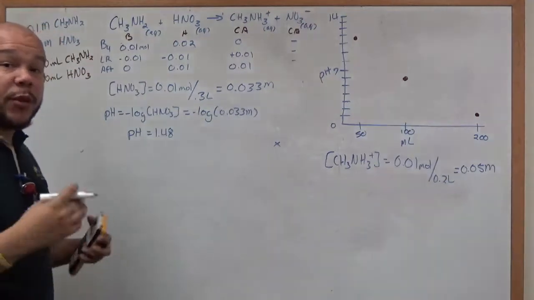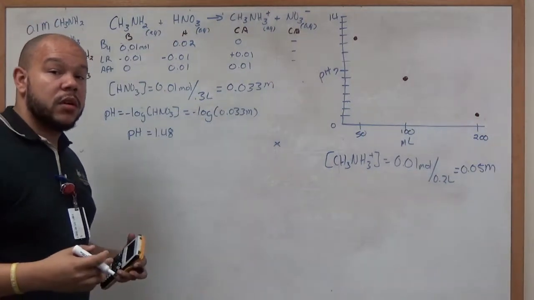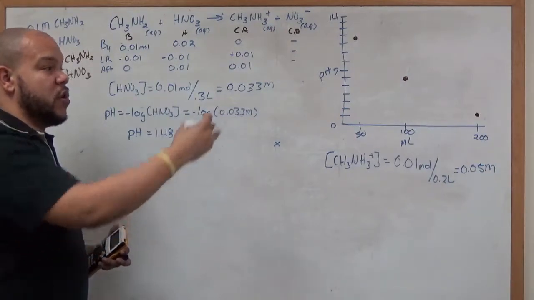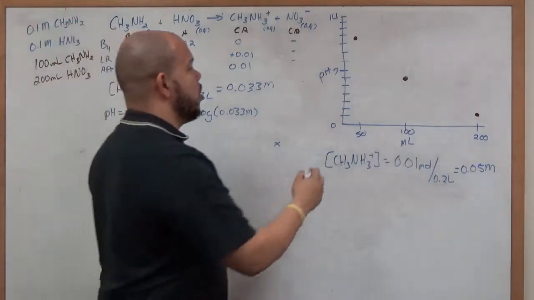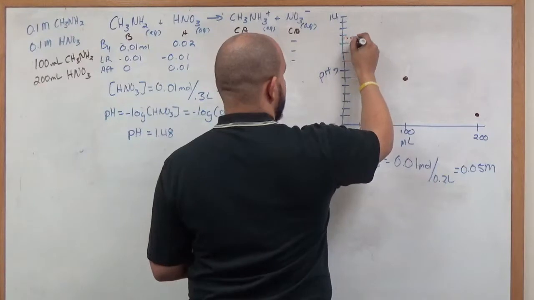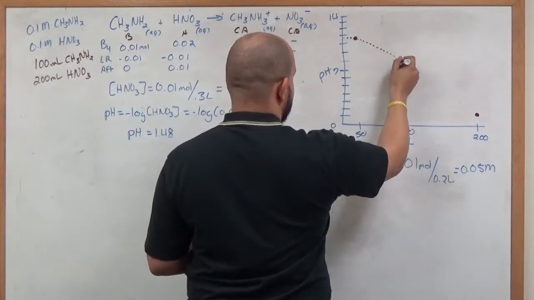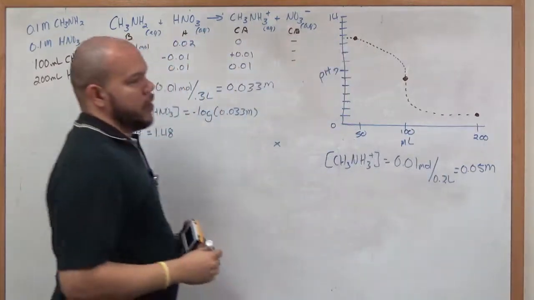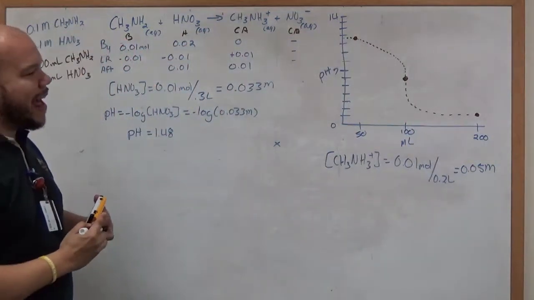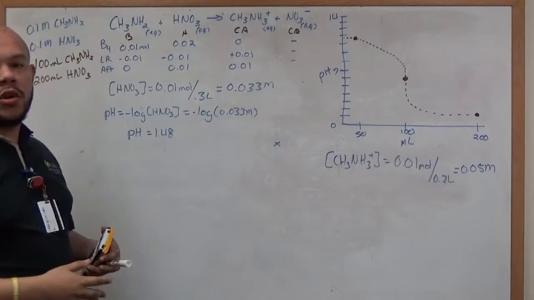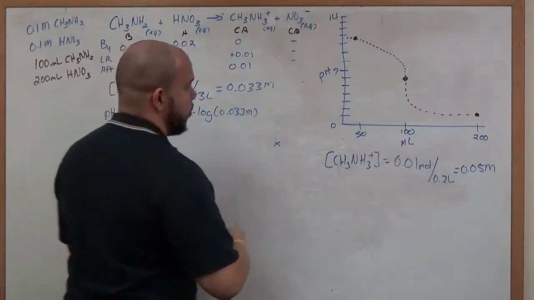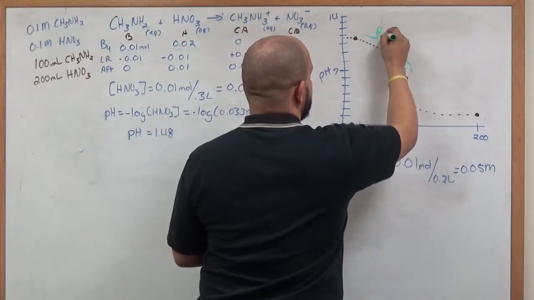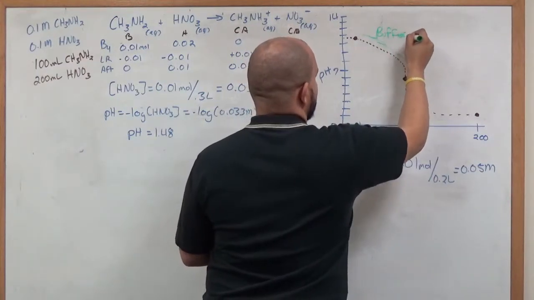So now we have 3 points on our titration curve. We have the halfway point of equivalence. We also have at equivalence and beyond. So what does this curve look like? Remember, this curve is not going to be sharp until after equivalence, right? We should see a sharpness after the equivalence point, but it is going to be the buffering region. Remember, this is now the buffering region for this kind of titration.